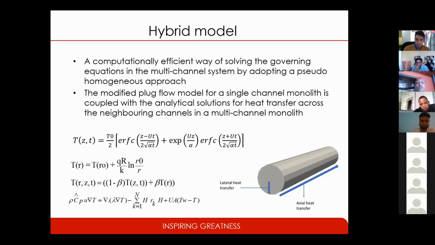And we used a linear combination of those two. And now the modified plug flow model for a single channel was coupled with those two analytical solutions that I spoke about, which we used in linear combination. And we use that for heat transfer across the neighboring channels in the multi-channel monolith, because we have said that there is heat transfer across the channels.